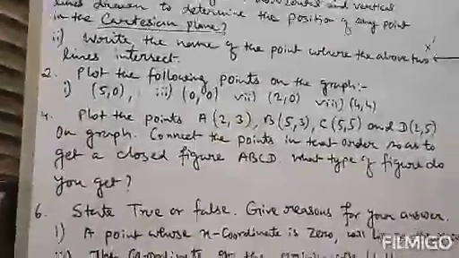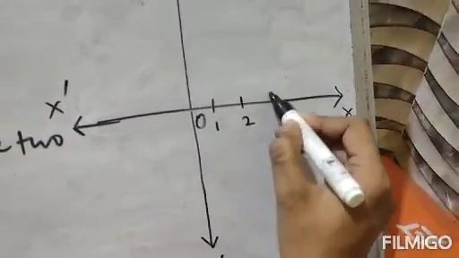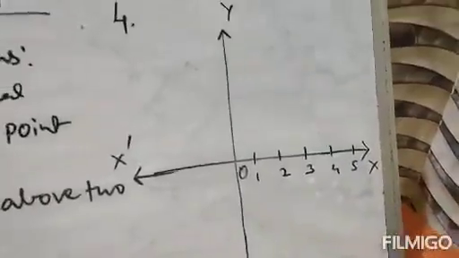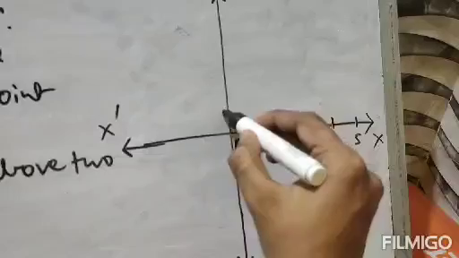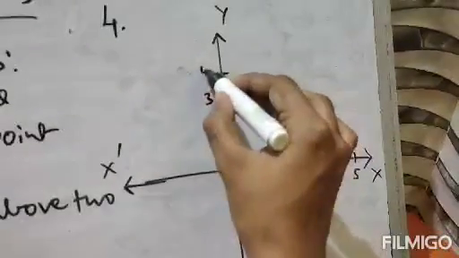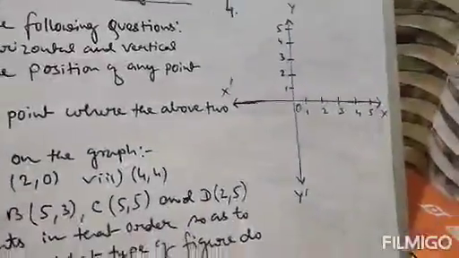So first I'll write the numbers, that is 1 2 3 4 5, and here also 1 2 3 4 5 and so on. You can extend as much as you want.